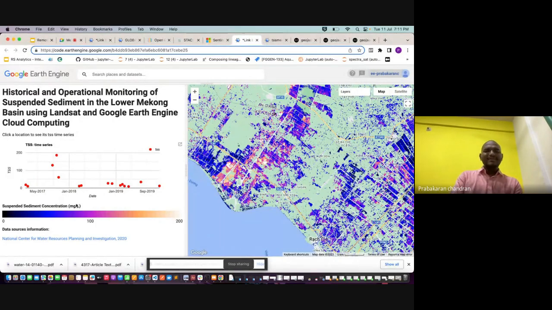You can see this in milligram per liter. In certain places it is in darker blue, which means there are no suspended elements. But here you can see the sediments in this area are too high.